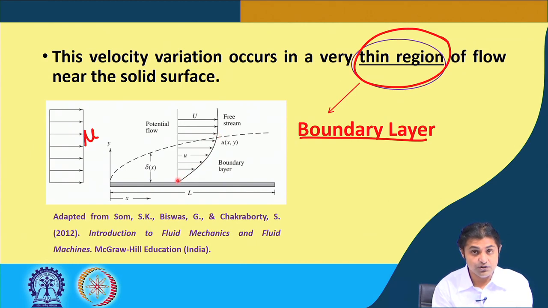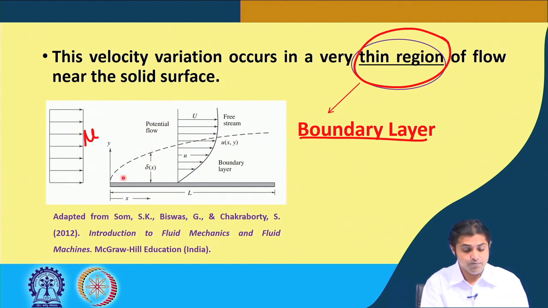It goes from 0 at the plate to u at the edge of this region, and this is where the velocity gradient exists. I am not saying du by dy is constant, but there exists a non-zero velocity gradient. This thickness, at any distance, is the boundary layer thickness, and we will talk about it later.